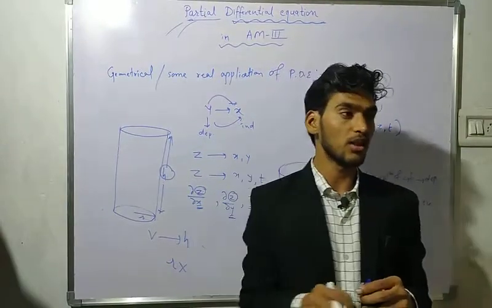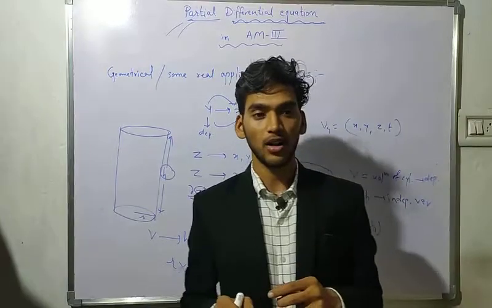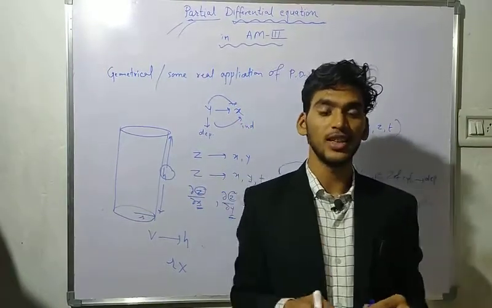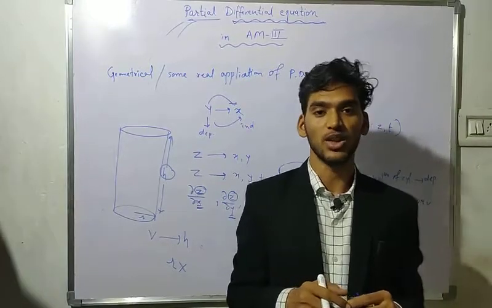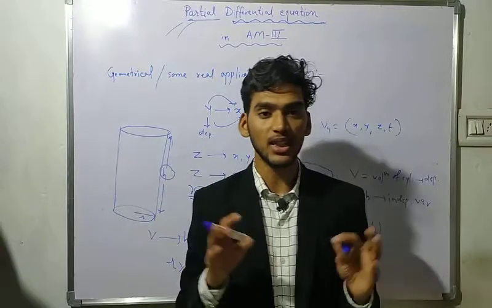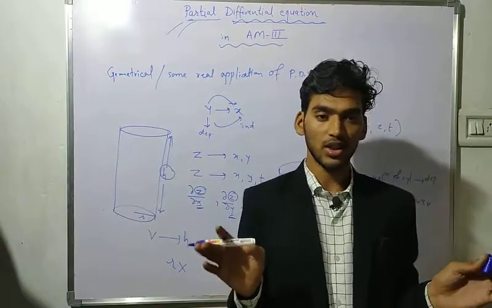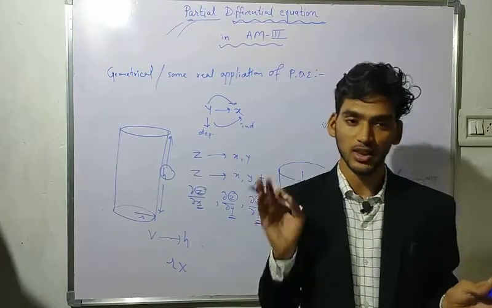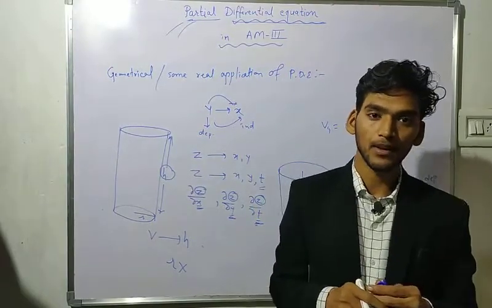So our main aim after completing this chapter is how to make that partial differential equation easy. But for that, the basic concepts of partial differential equation in the whole of engineering are very necessary.